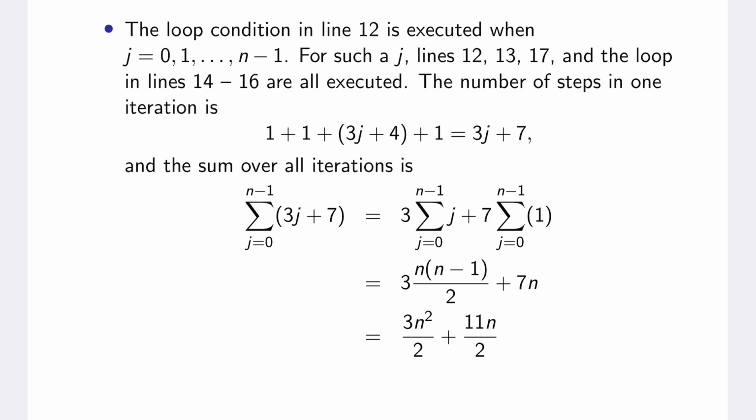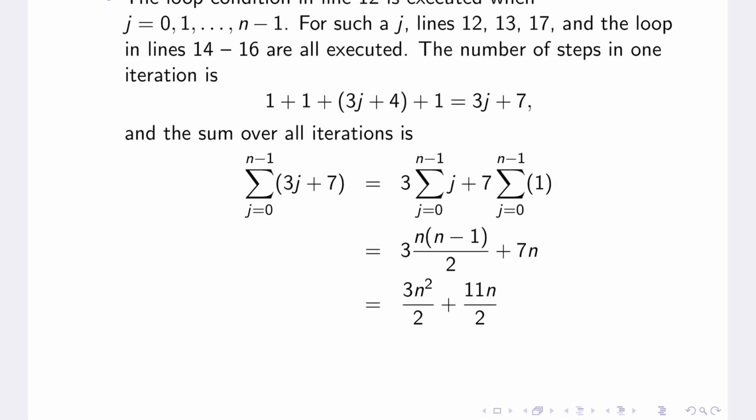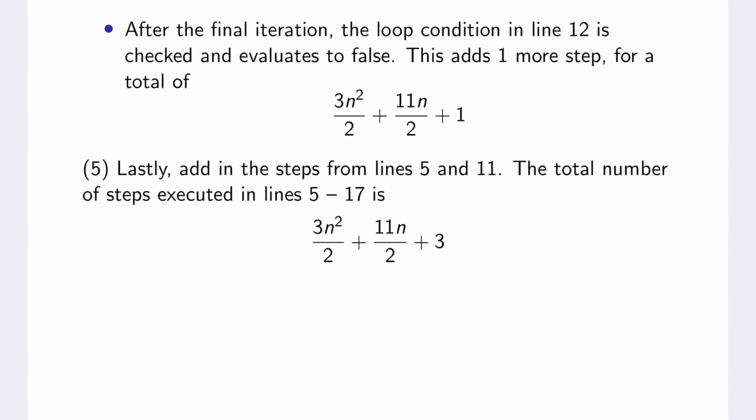Evaluate that sum and use the correct summation identities. And then we get a polynomial of degree 2, all according to plan. So that was the outer loop. Last thing we have to do is add the constant time steps that were outside of any loop, and we get the total number of steps.